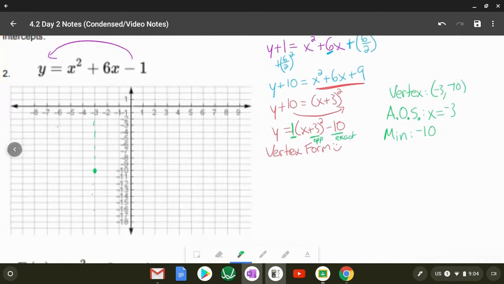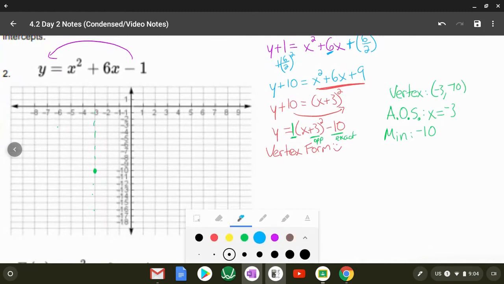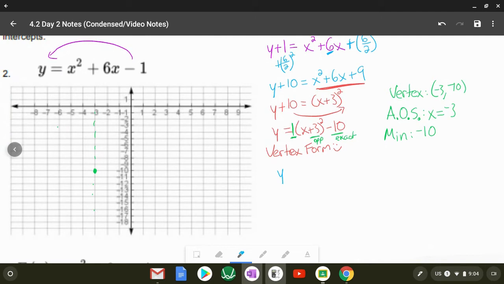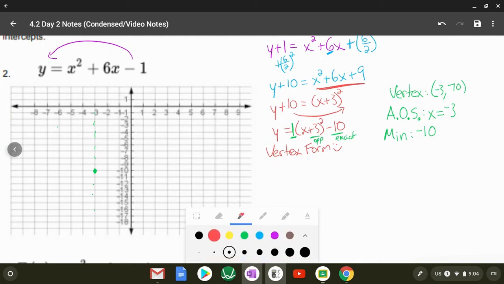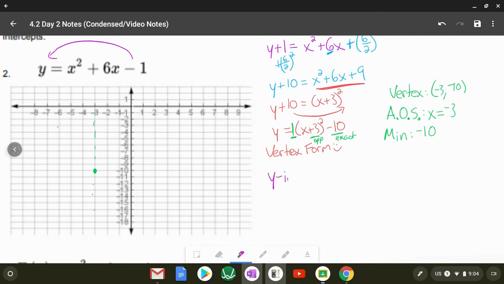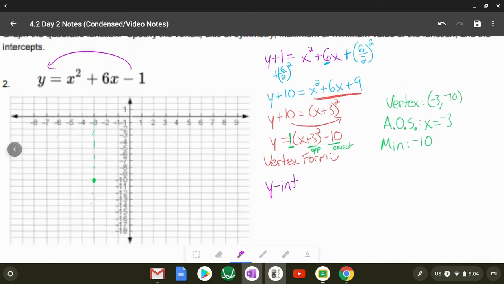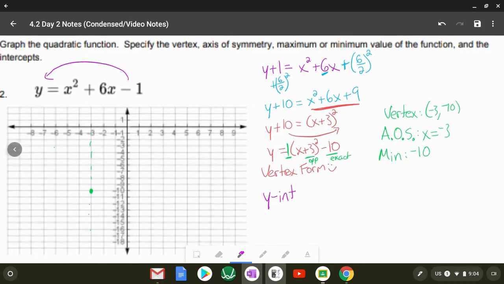So let's go ahead and find the y-intercept. The y-intercept's a little bit easier because, let's use a different color here, if we look for the y-intercept, you can use either form. You can use the standard form that it gave us at the beginning, or you can use the vertex form.